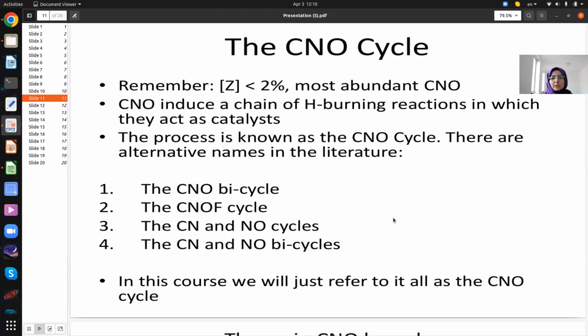There are alternative names in the literature. For example, the CNO bicycle, the CNOF cycle, the CN and NO cycles, the CN and NO bicycles, but we mostly call them the CNO cycle here.